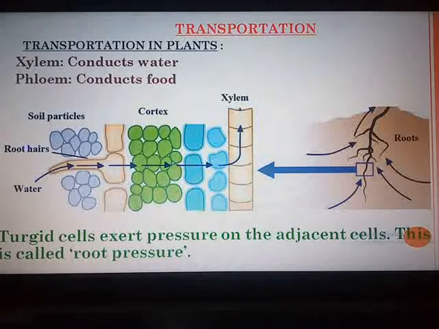And hence there are many dead cells in the plant body. As compared to animals, they need very little energy, because animals lose their energy in movement, but plants do not move, hence less energy is required.